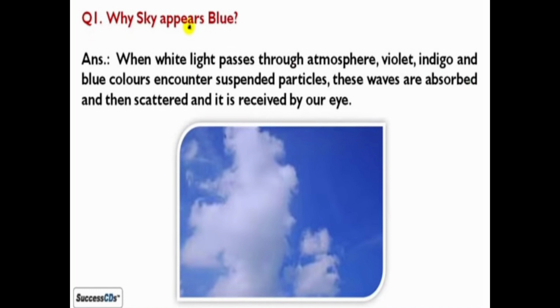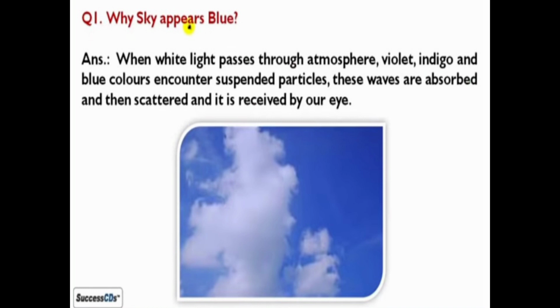Now these are more effective in scattering light of shorter wavelengths. So they scatter the light of shorter wavelength at the blue end more than light of longer wavelengths at the red end.